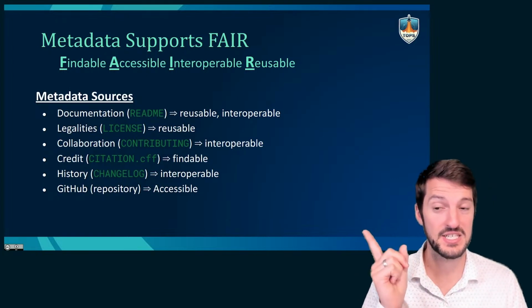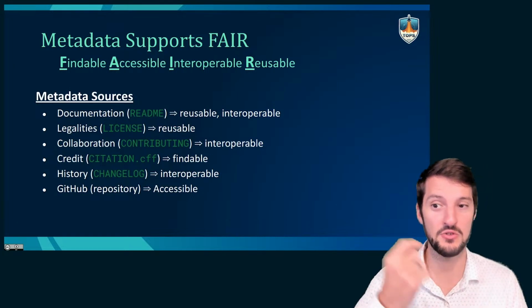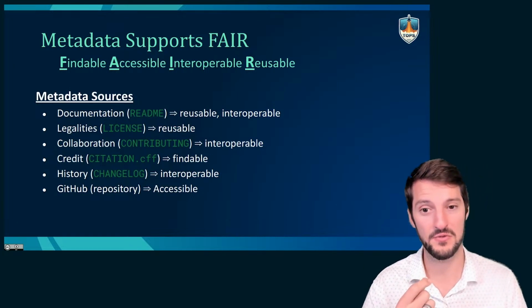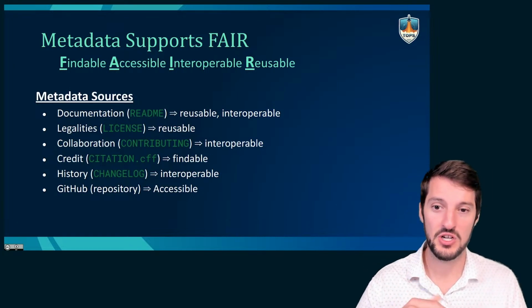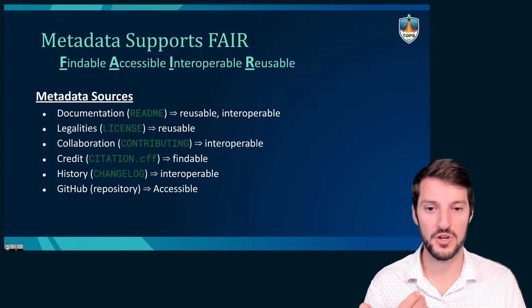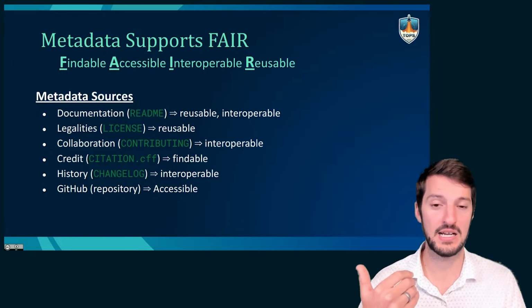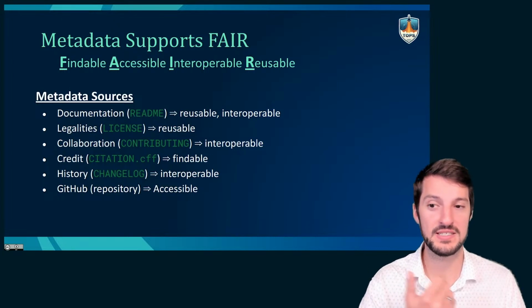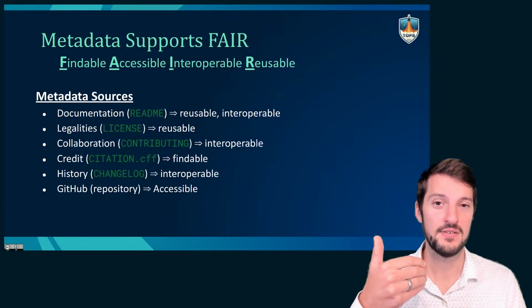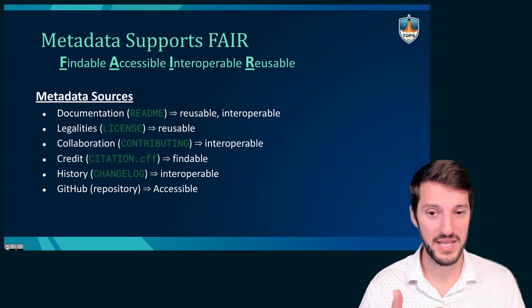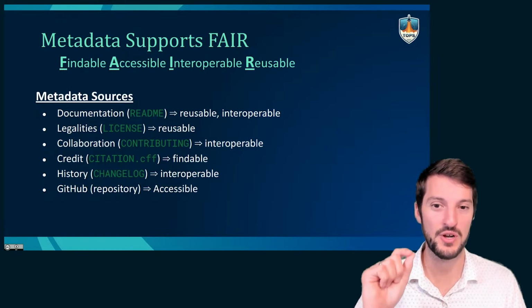I will say the citation.cff file is indexed by Google to help you find things that you're looking for. The change log helps things be more interoperable because other people can come to a more rapid understanding as to what's different compared to a previous version. And then finally, the fact that you put it on a GitHub repository in a publicly accessible manner means that this thing is more accessible.